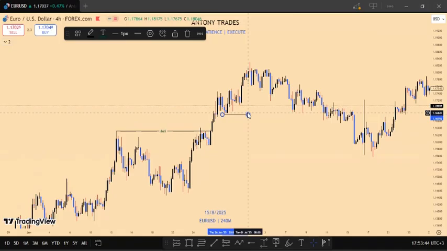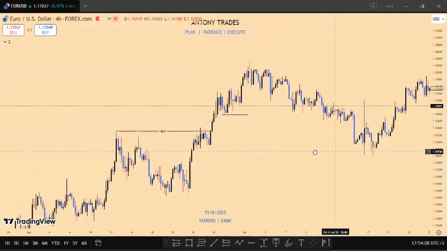And we know that the pullback has begun whenever the market sweeps the major liquidity. So if we see a major liquidity is swept, then that gives us an indication that the pullback might have begun. I get it. So this is the good example of major liquidity, and this is the minor liquidity.